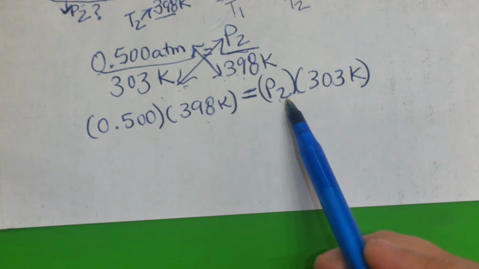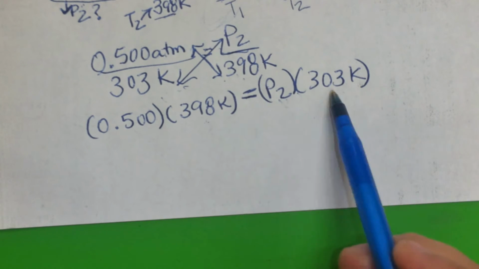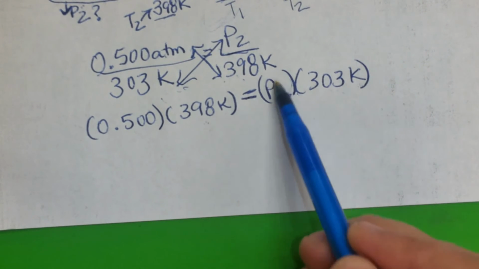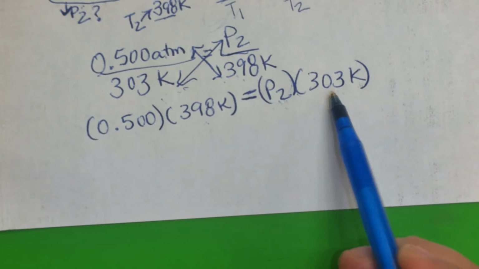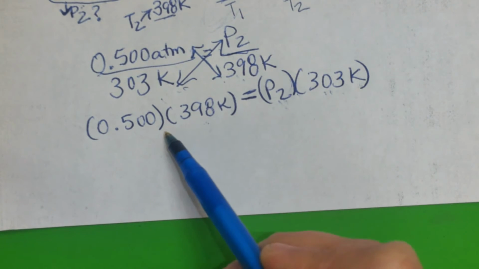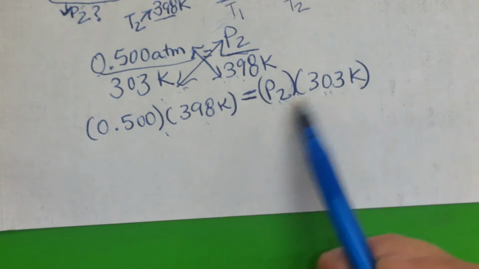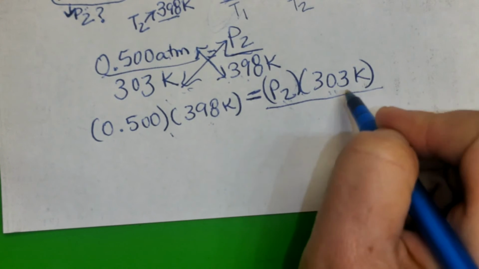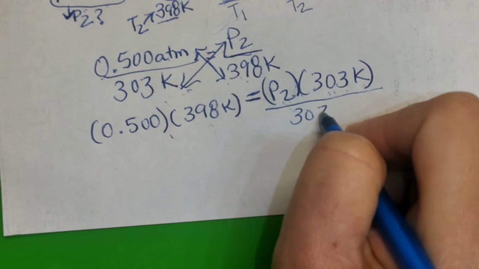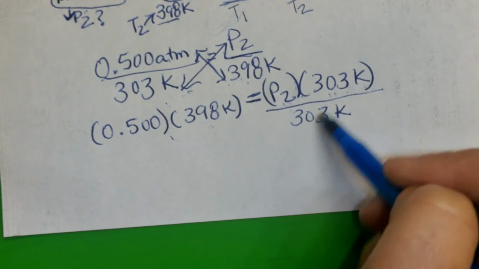On this one, the variable I want to solve is P2, so this is the number I need to move the other numbers away from. Since we're multiplying, you do the opposite, division, and we put 303 Kelvin, because that's the one I want to move.